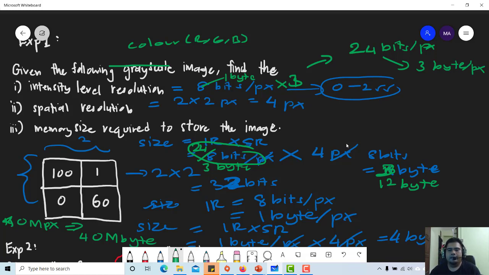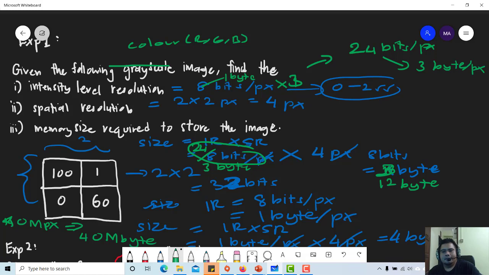So again, for the previous grayscale image, 1 intensity, 1 pixel requires 1 byte, so if you talk about 4 pixels here, you need 4 bytes. But for a color image, since you need 24 bits per pixel or 3 bytes, the size required to store these 2 times 2 pixels, or 4 pixels, is 12 bytes.